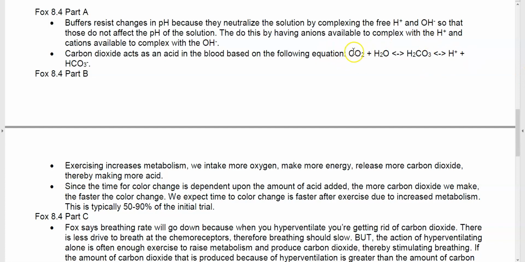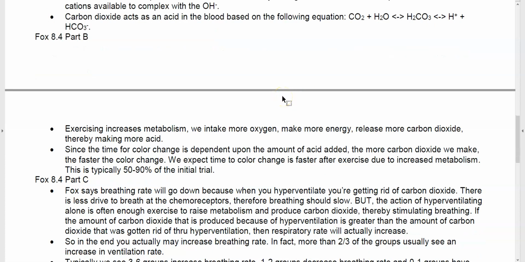When you have CO2, that combines with water to form carbonic acid, H2CO3, and that dissociates into H plus. Remember, all acids, bases, salts tend to dissociate in water. H plus plus HCO3 minus. So we get this H plus, and that's why the pH drops. And that's an important equation actually for all of these portions of the lab, but it's important for that.